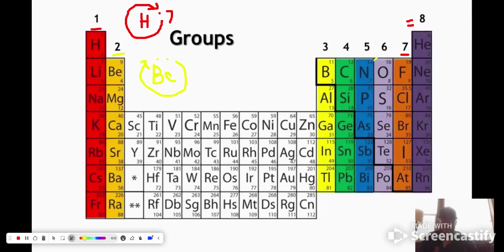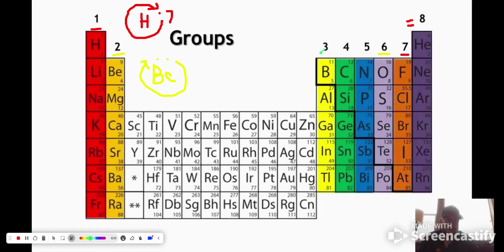So it would bond with anything from group 6. And that goes vice versa as well. So I've got anything from group 7 that has 7, it would want to bond with anything from group 1. So this is kind of why I'm color coding it. If you have oxygen or anything from group 6, it would want to bond with anything from group 2.